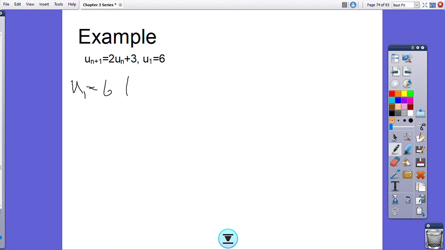And the way that we get that is we do 2 lots of 6, because that's the one that we had before, add 3. So you do 2 lots of 6, which is 12, plus 3, which is 15. And then we take this 15, and to get u3, we put it back in to here.